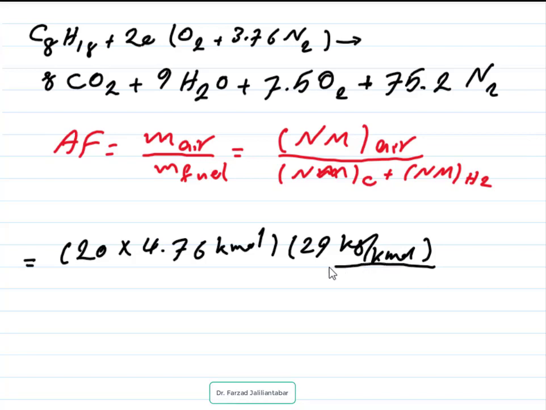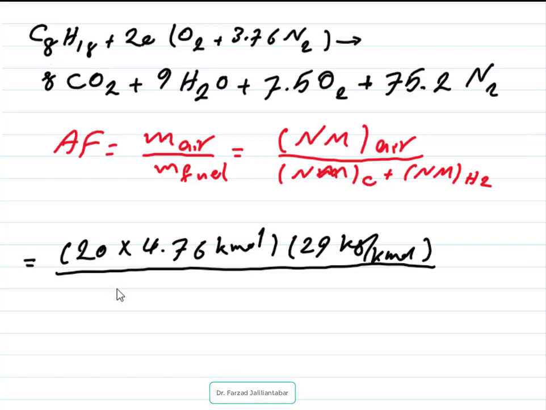This is the molar mass of the air, as I mentioned in the properties. Then what about the fuel? As you can see here, the fuel consists of carbon and hydrogen. We should have the molar mass of carbon and hydrogen.